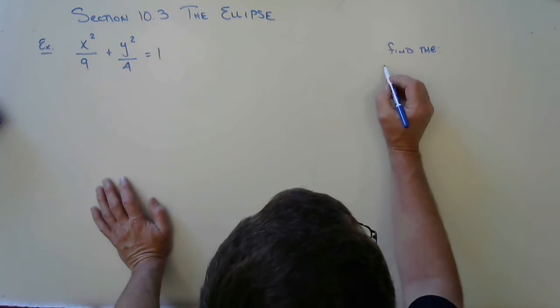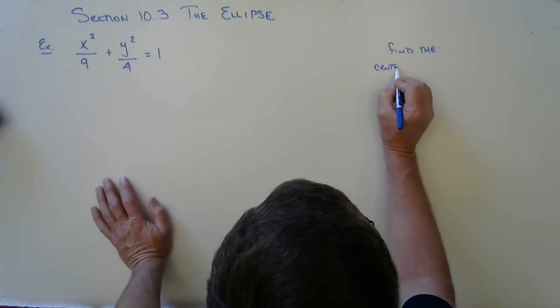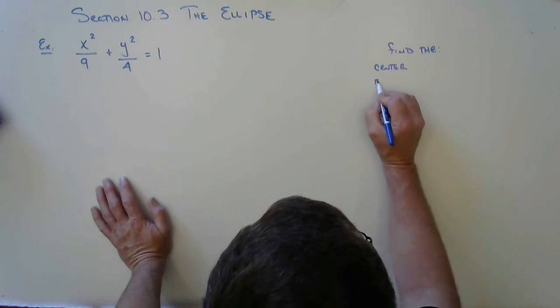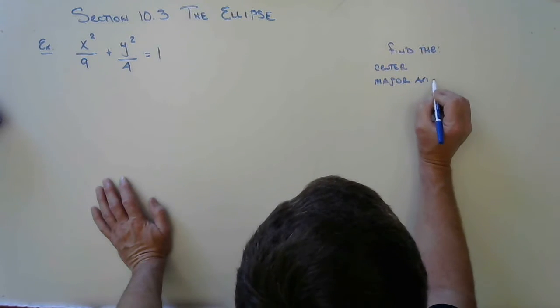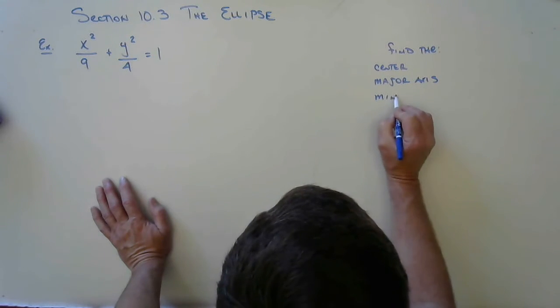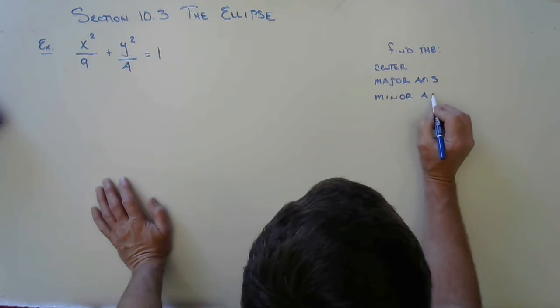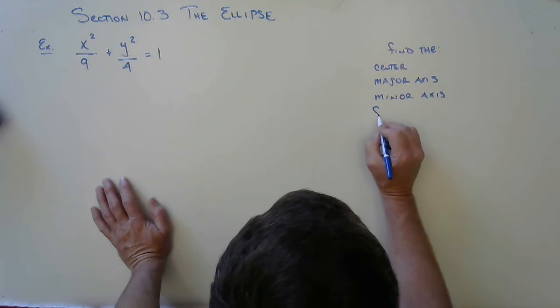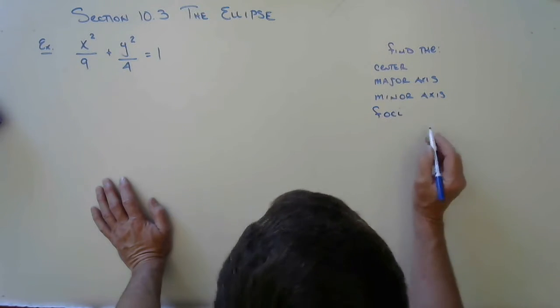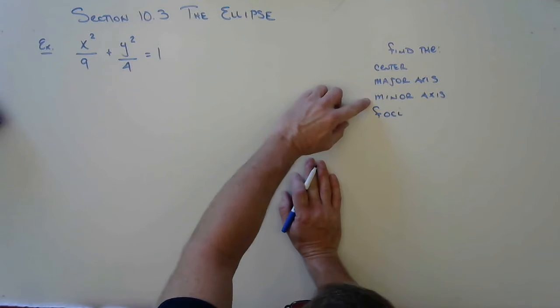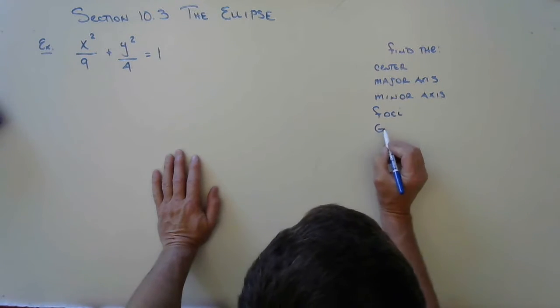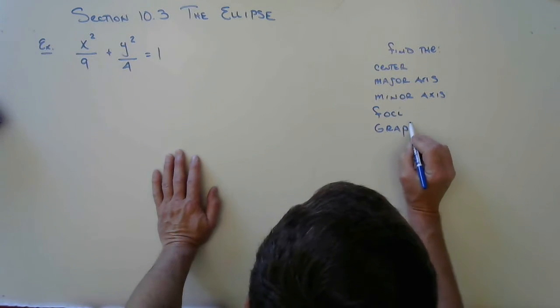They're going to want the center, the major axis, and the minor axis, since if we have a major axis, we have a minor axis. They're going to ask us for the foci. An ellipse has two focus points. So they're going to ask us for the center, the major axis, the minor axis, and the foci. And of course, they're going to ask us for the graph.